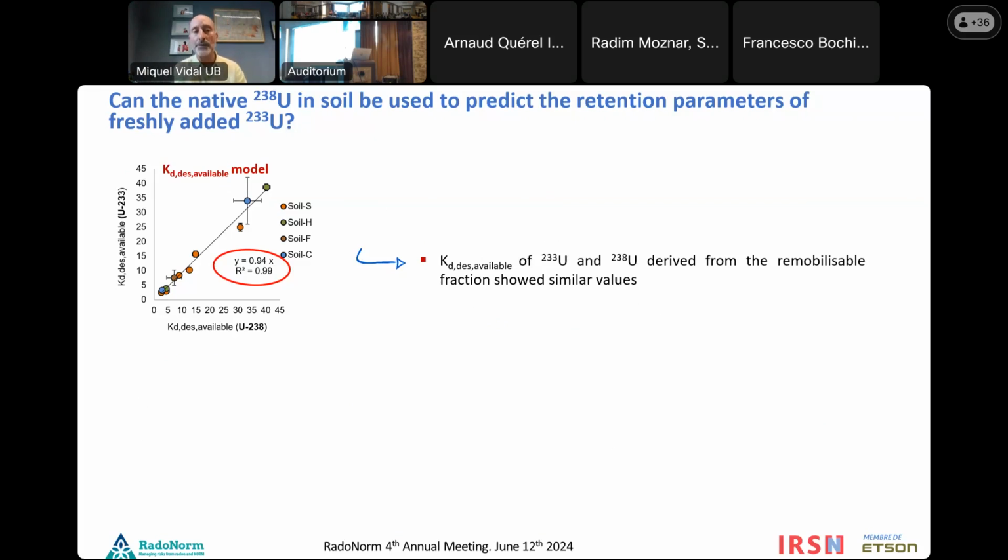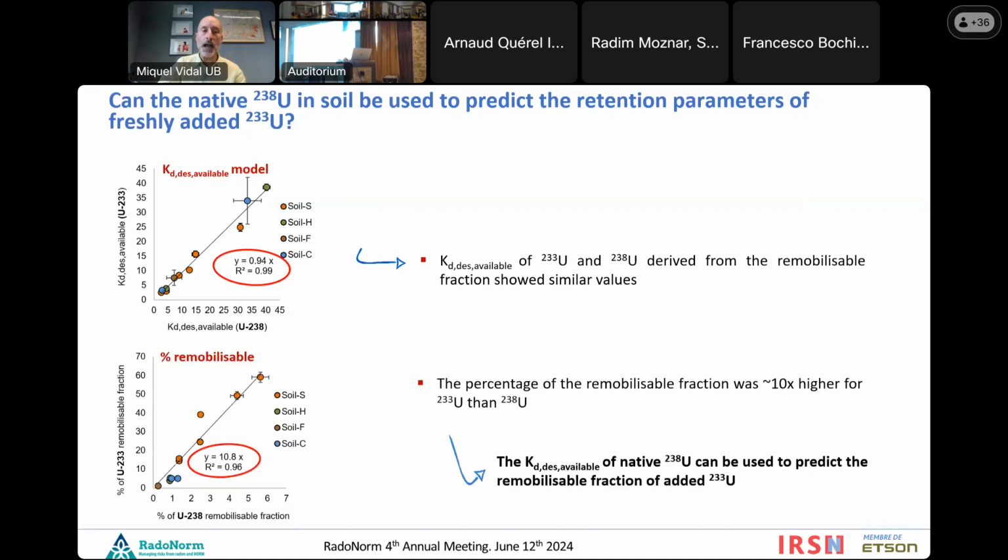So those two KDs were comparable, whereas there was also a correlation between the removable fractions, although here the slope was around 10, so there was this factor of 10 when comparing the labile fractions.